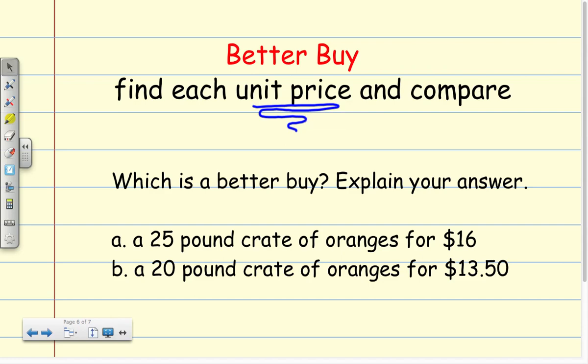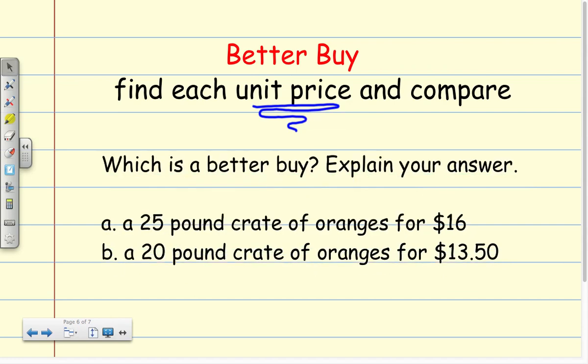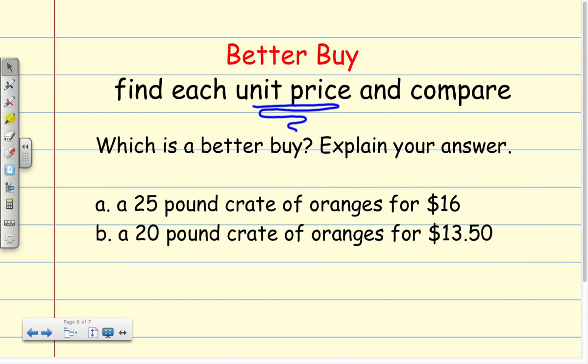If I am comparing what my better buy is here, if I have a 25-pound crate of oranges for $16, I need to identify that I am comparing pounds and dollars. So anytime I have dollars, my goal is how much money per pound.